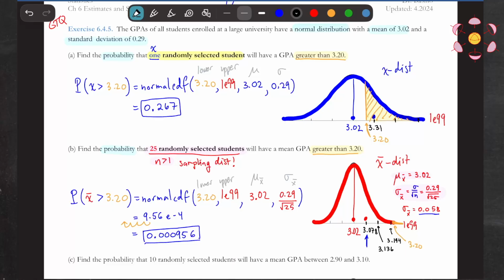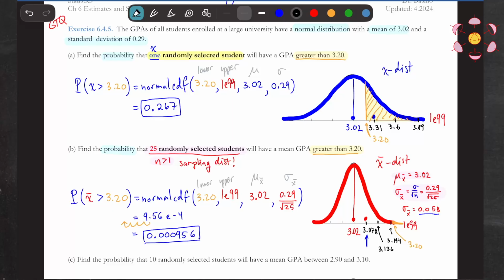Let me actually work out the 3 markings for this one here. So 3.02 plus 0.29. So the second tick mark is 3.6. And then the third one, okay.